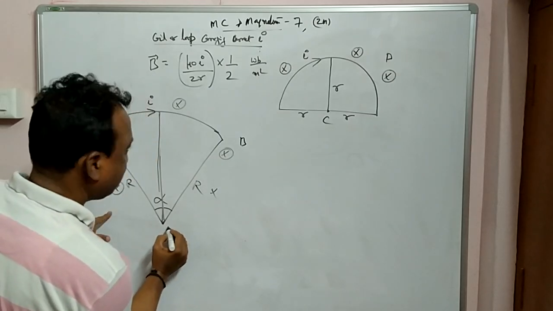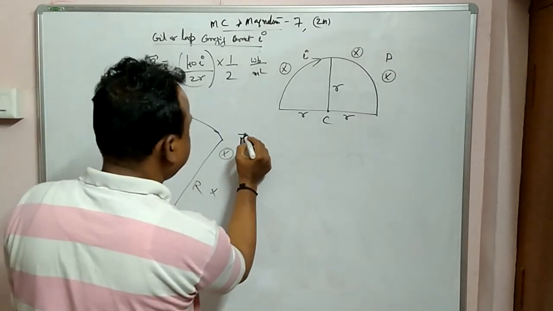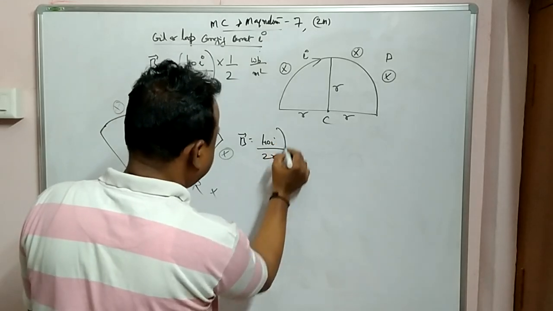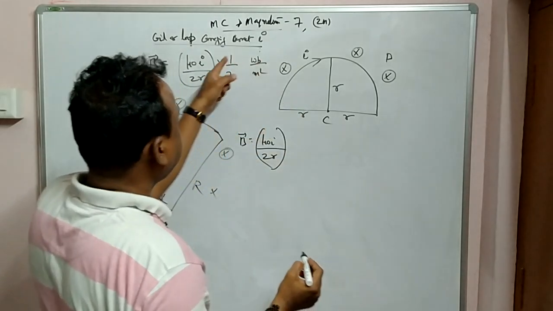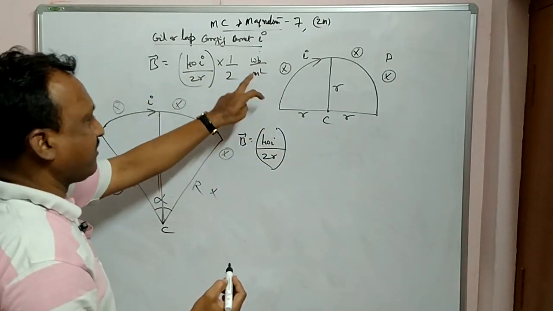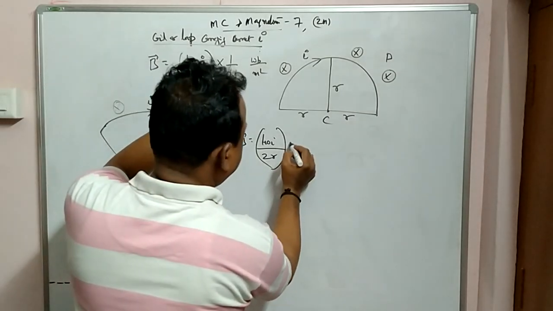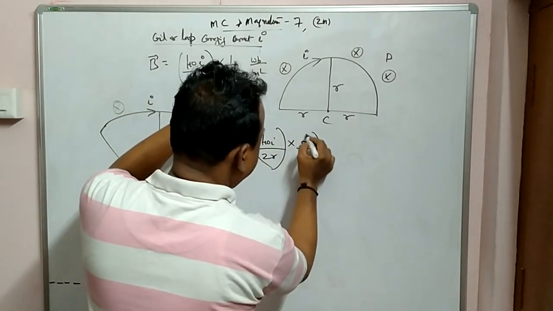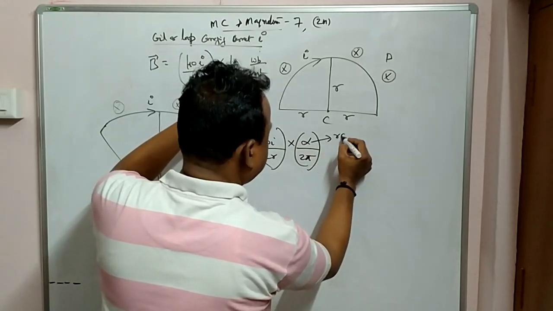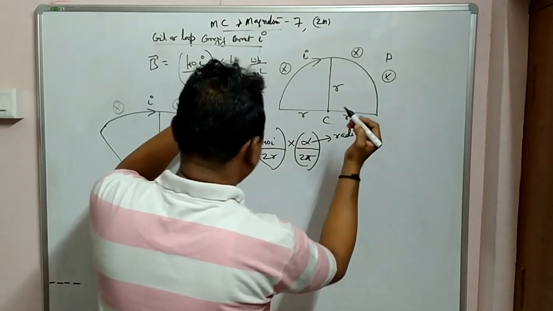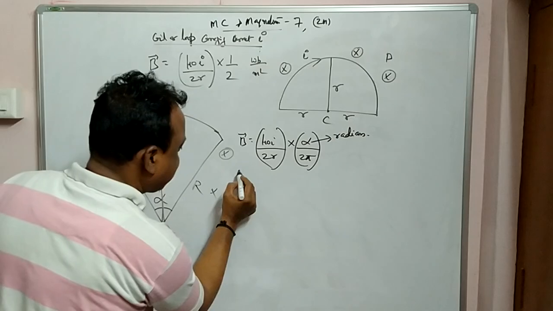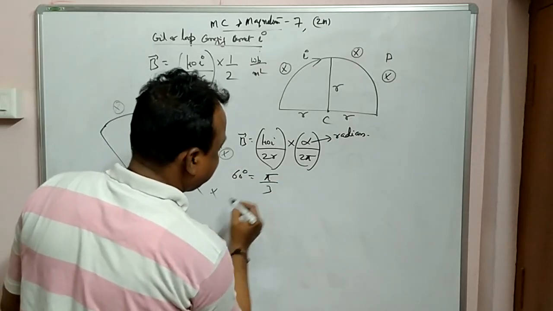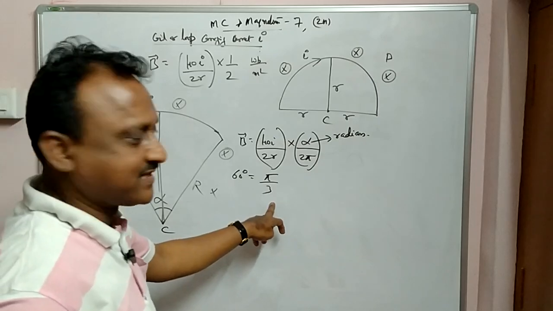At this point C, B is given by mu naught I by 2R as it is. For a circle it is mu naught I by 2R, for a semicircle one by two, and for an arc it is into alpha by 2 pi, where alpha is in radians, please. For example, if alpha is 60 degrees, how will you write it? Pi by 3, that is 180 by 3, 60.